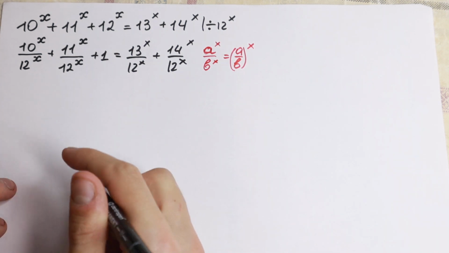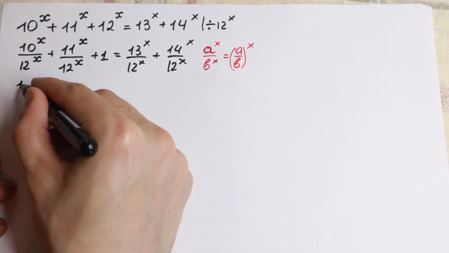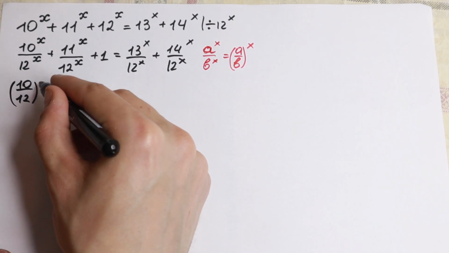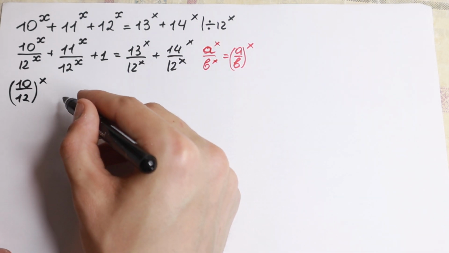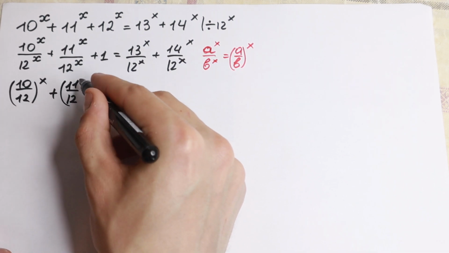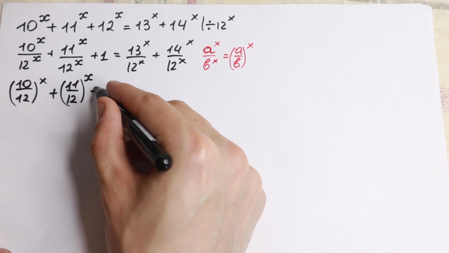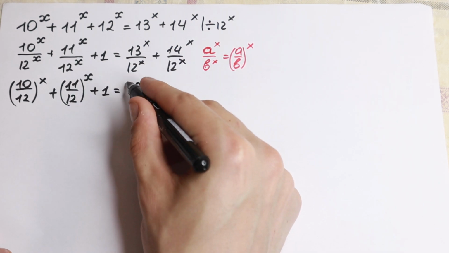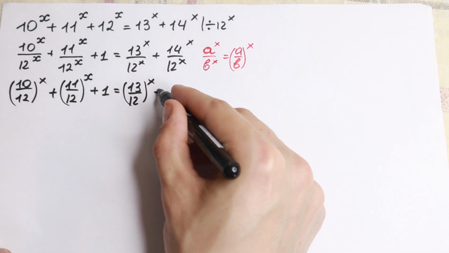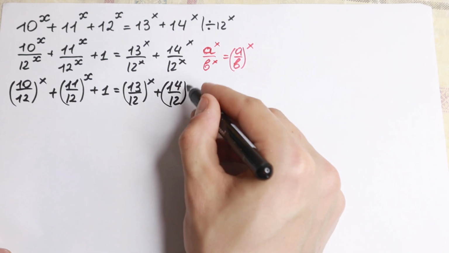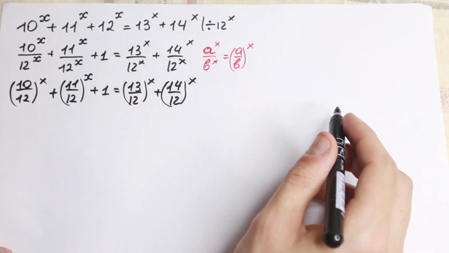We will have (10/12)^x, this is the first element, plus (11/12)^x plus 1 of course, equal to (13/12)^x plus (14/12)^x. So we just use this rule right here.